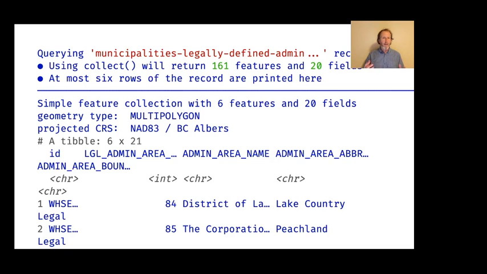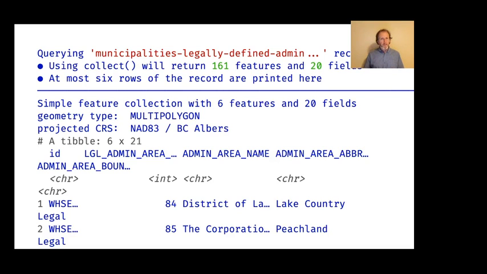If you run that function by itself with the name of a record, here municipalities in the province, it gives you the message saying collect. Using the collect function will return 161 features and 20 fields, and at most 6 rows of the record are printed here. So it gives you a little preview of what you'll get if you run collect at the end of your pipeline.